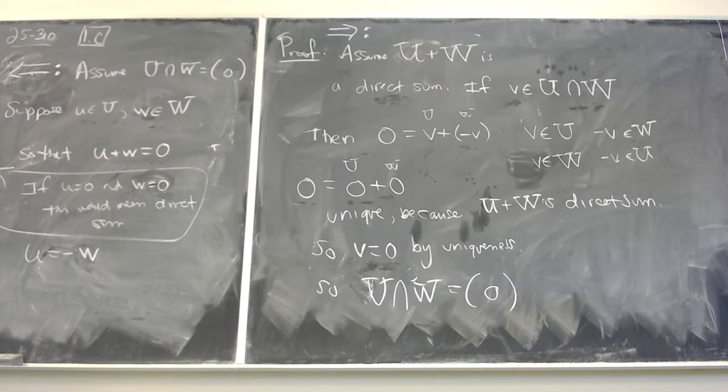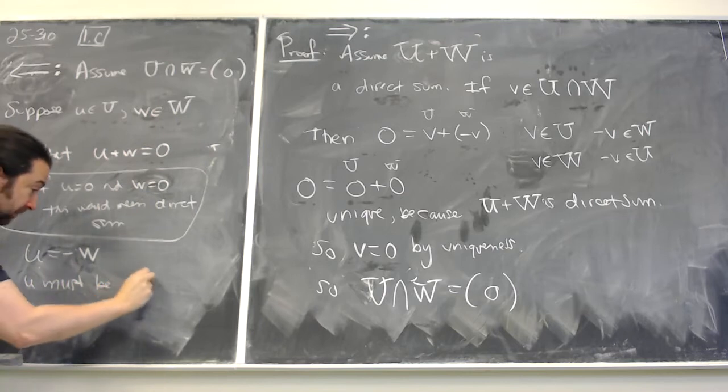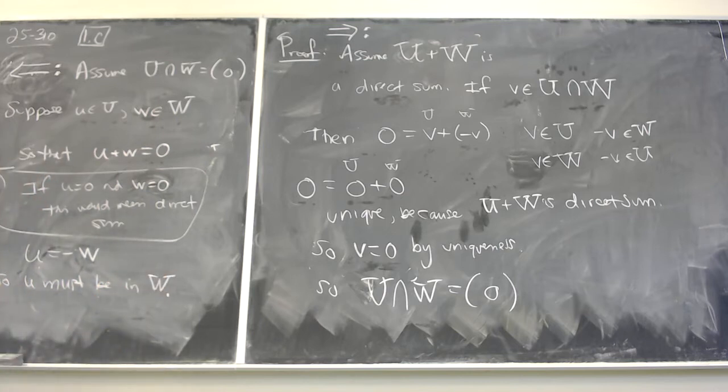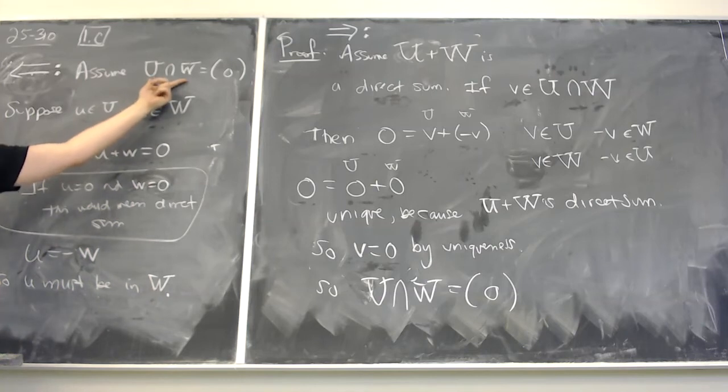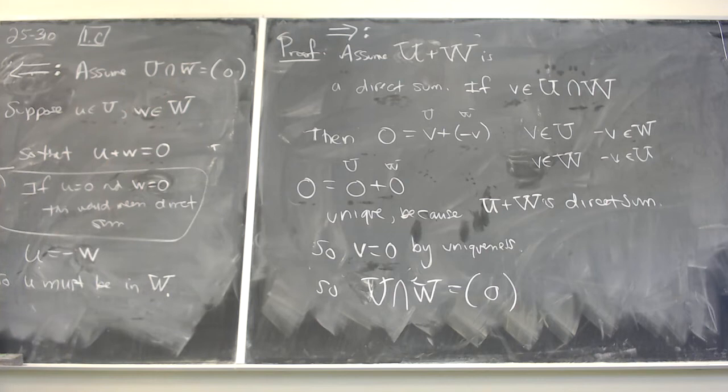Okay, but look, that means u must also be in W. If u is the additive inverse of w and W is a subspace, then u must also be in W. Oh wait, but that means u belongs to U and also W. We assumed u belonged to U. We've derived u also belongs to W, but there's only one vector inside the set U intersect W. So u must be an element of U intersect W because it's in both sets.